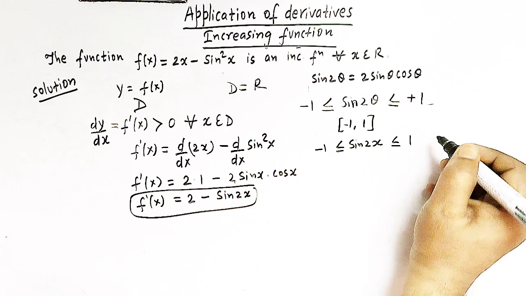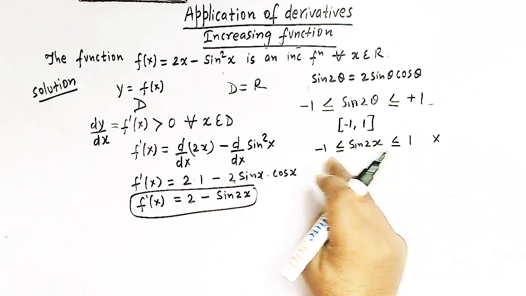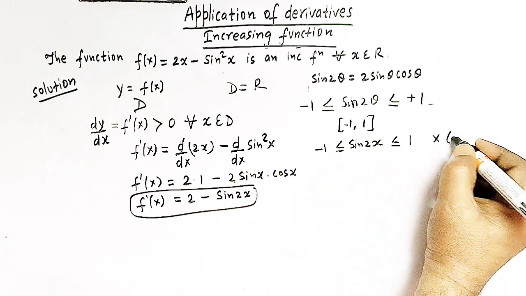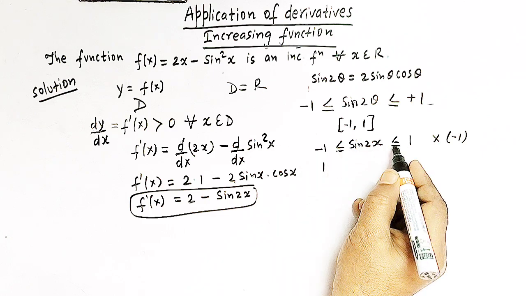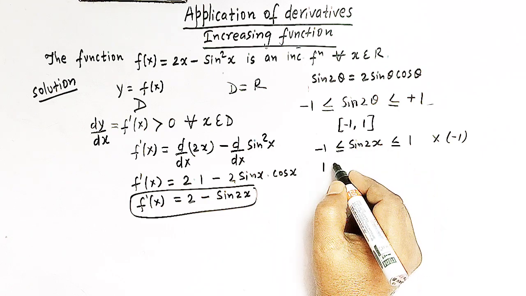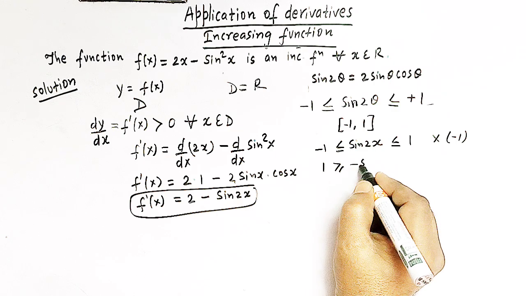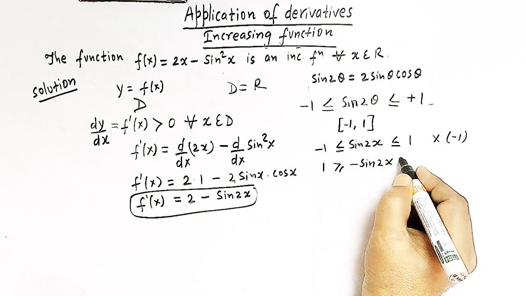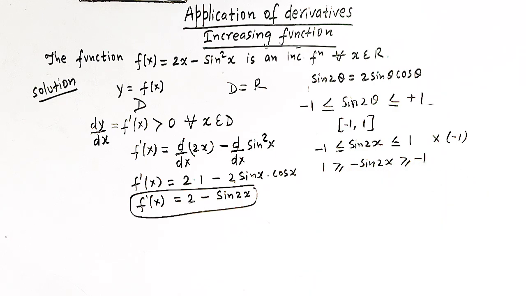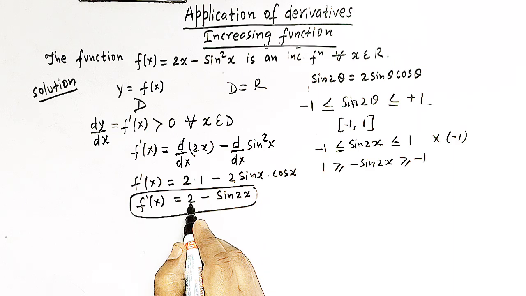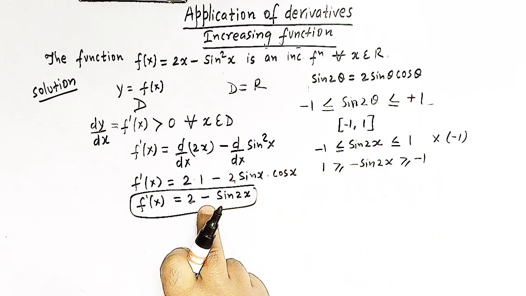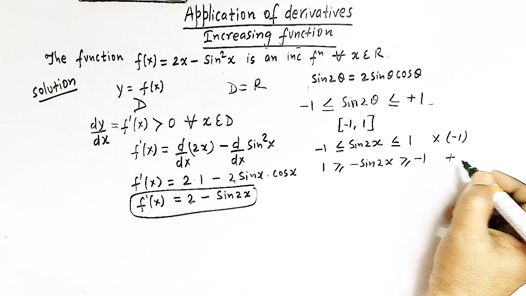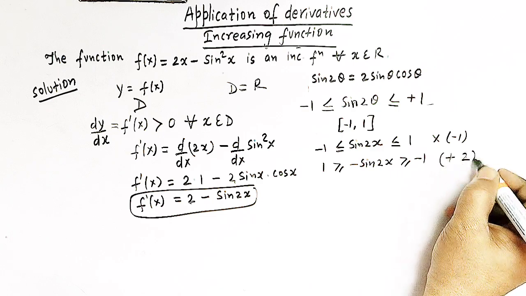So let us multiply this inequality throughout by -1. Here we have +1, and the direction of the inequality gets reversed. So here we have minus sine 2x, and here we have -1. Now, to get the expression 2 minus sine 2x, let us add 2 throughout.